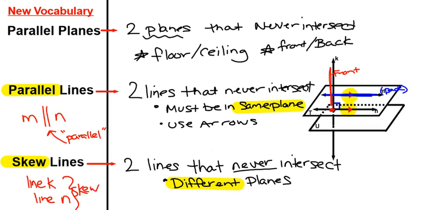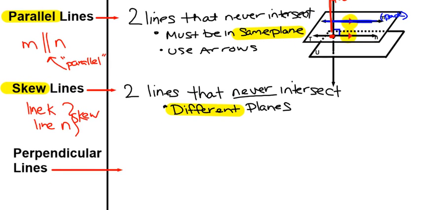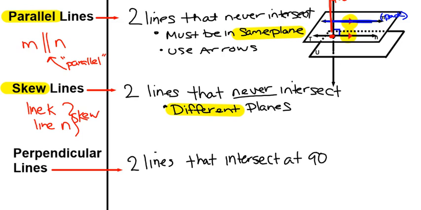The last term that we're going to talk about is perpendicular. And perpendicular are two lines that intersect at 90 degrees. And when we think about that 90 degree, remember that's when they put that little box in the corner. That's our symbol for 90 degree. So that is also the symbol that we use when we're talking about our perpendicular lines.